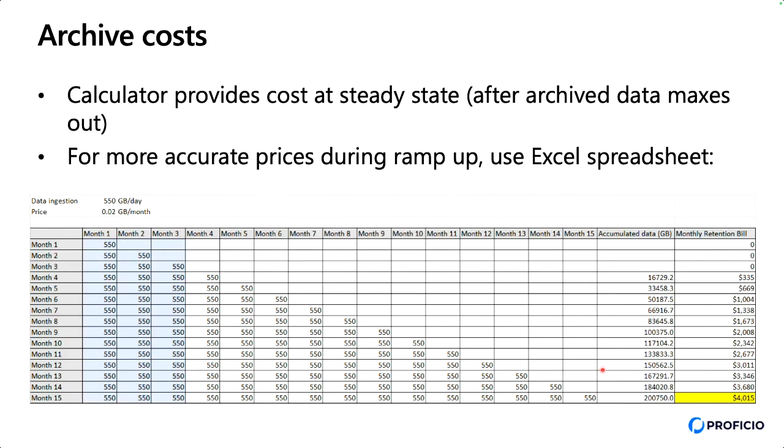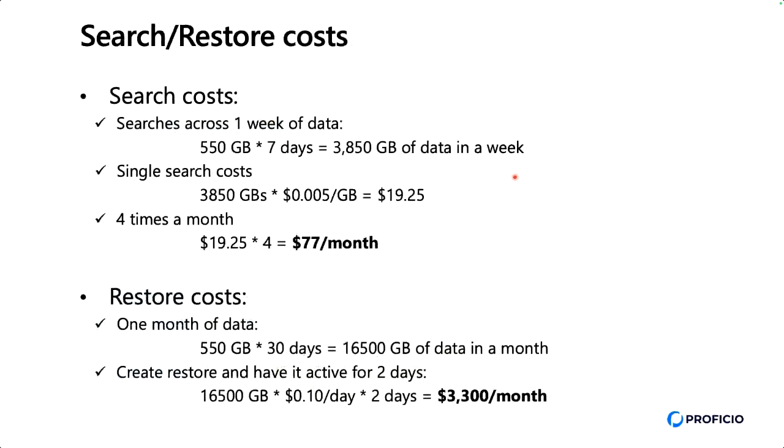It will be accumulated data over time. That's how you estimate how much it will cost you to get 15 months of data archived. So it's not as straightforward with a calculator as it could be, and that's why we can use Excel to break down those expenses.